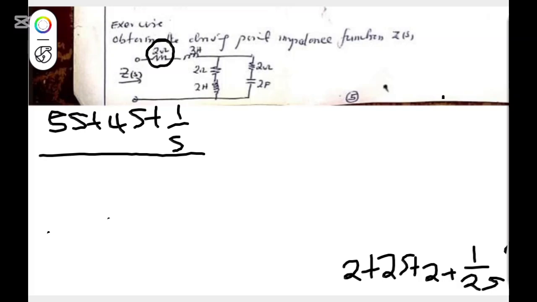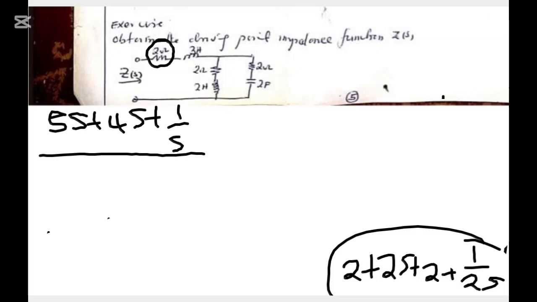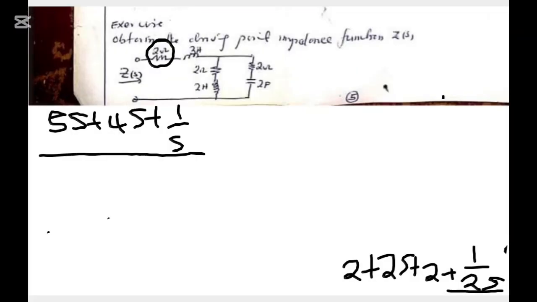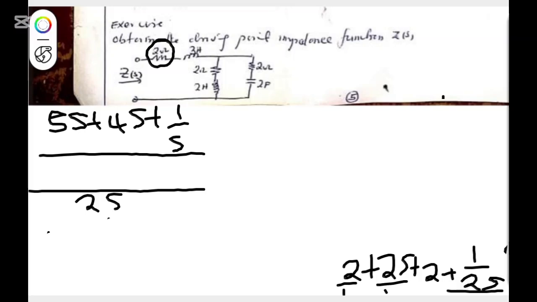So the next thing that I'm going to do here is to take a look and see what will be the LCM. So LCM will be 2S. 2S into 1, it will give me 2S, so I have to multiply by the numerator, which is 2.